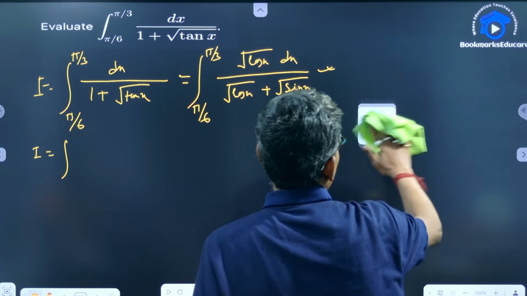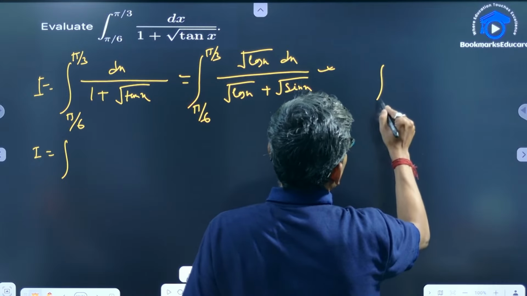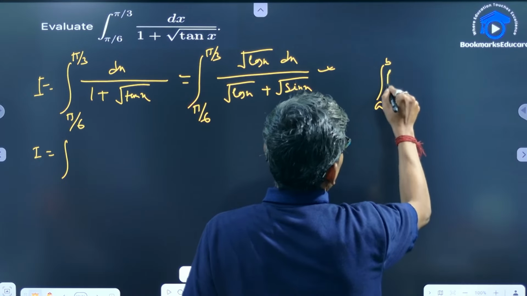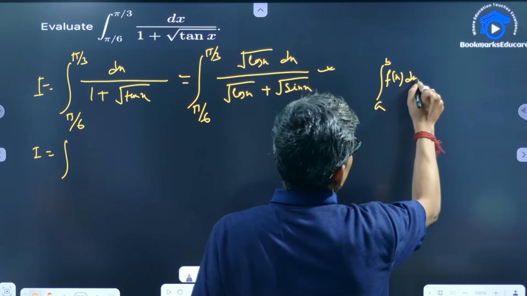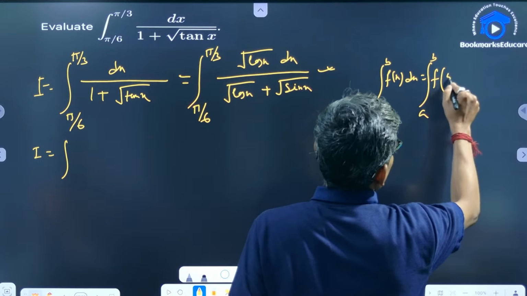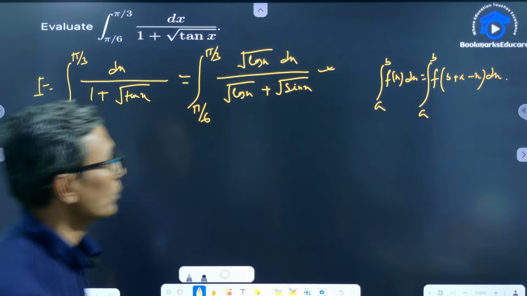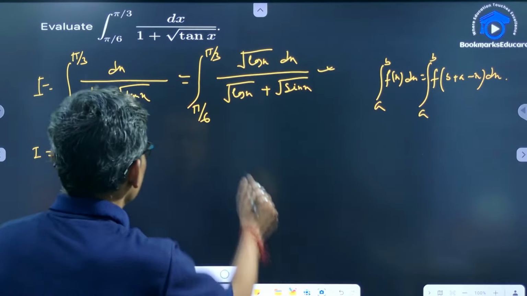This property will not be used over here. We will use integral a to b of f of x dx is equal to integral a to b of f of upper limit plus lower limit minus x dx. These properties will be used over here.